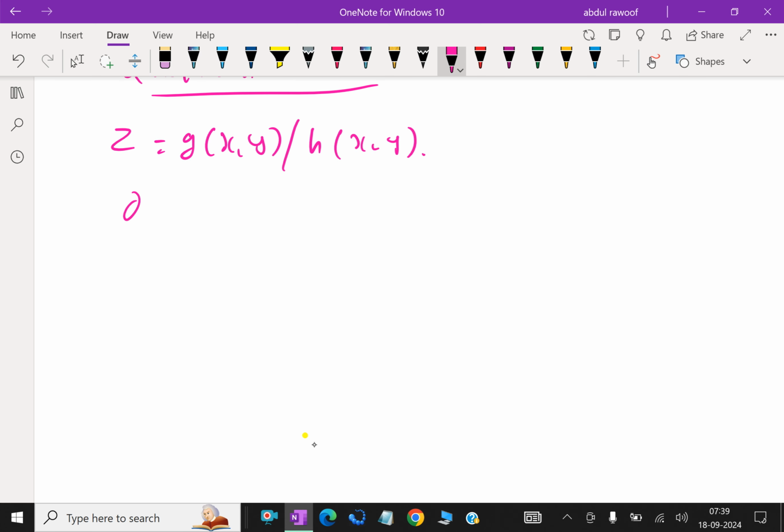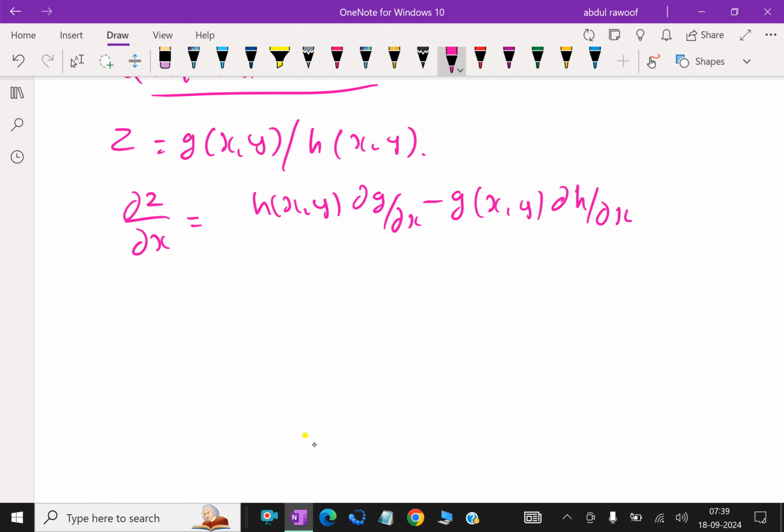First, dou z by dou x equals h of x comma y into dou g by dou x, minus g of x comma y into dou h by dou x, over the denominator function squared, that is h of x comma y the square.